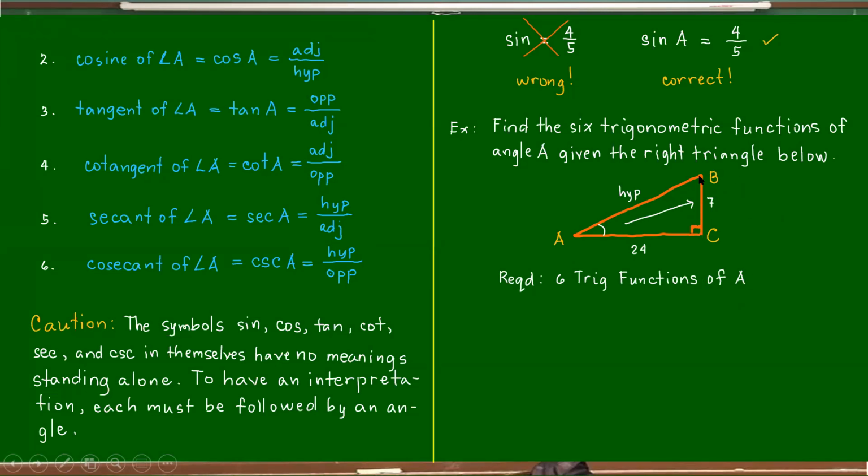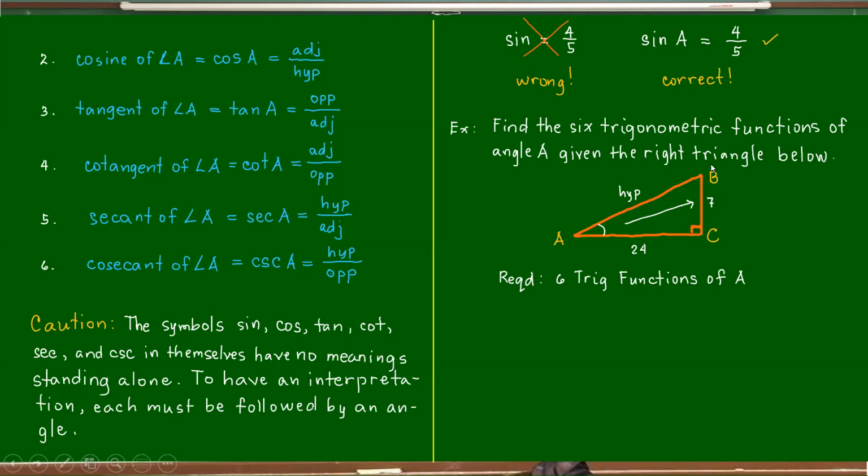So we are looking for the 6 trigonometric functions of angle A. It is also possible to get the trigonometric functions of angle B, but what we are asked is the trigonometric functions of A. So relative to angle A, this 7 is opposite, while 24 is adjacent to angle A, and AB is the hypotenuse. But relative to angle B, the one that is opposite is 24 and the one that is adjacent to angle B is 7.